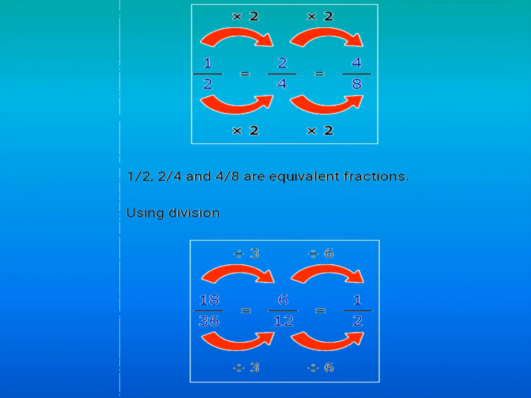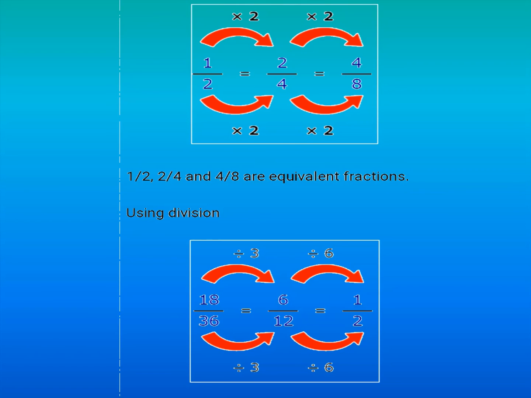Now let us experience how to make equivalent fractions. Suppose there is 1 upon 2. If we multiply numerator with 2 and denominator also by 2, so it will be 1 times 2 and 2 times 2, so it will be 2 upon 4.